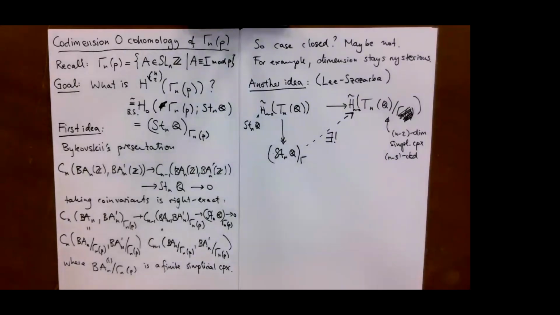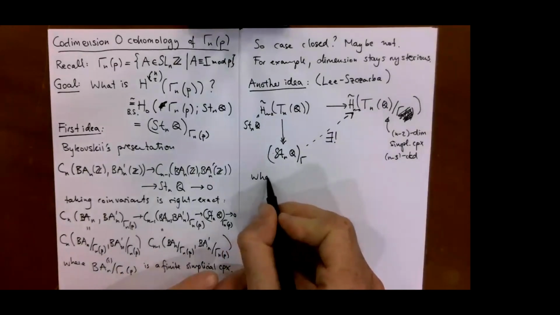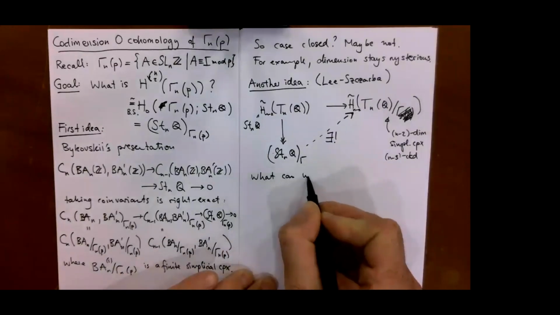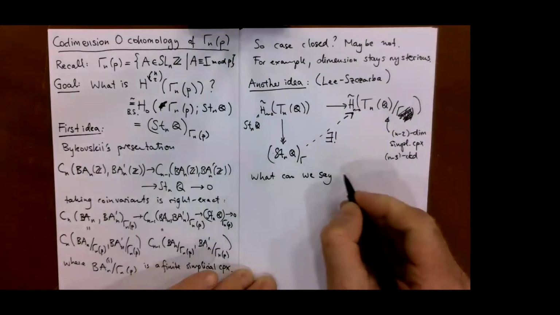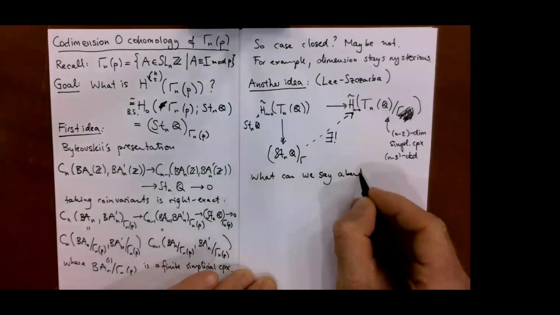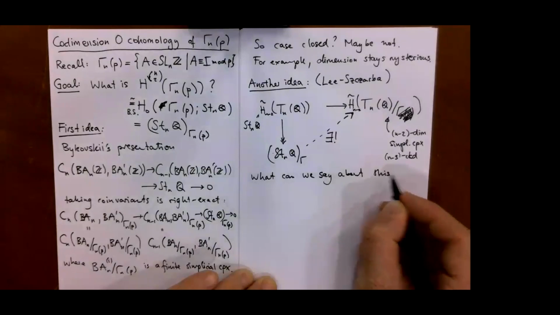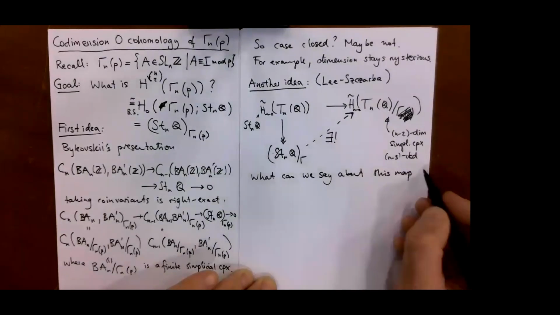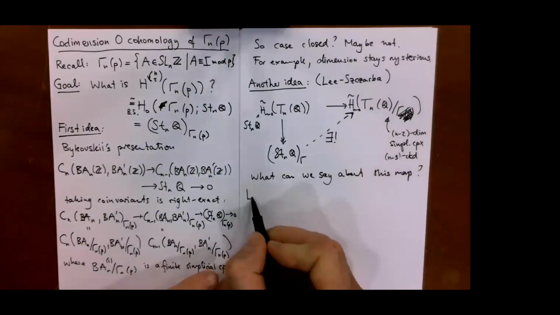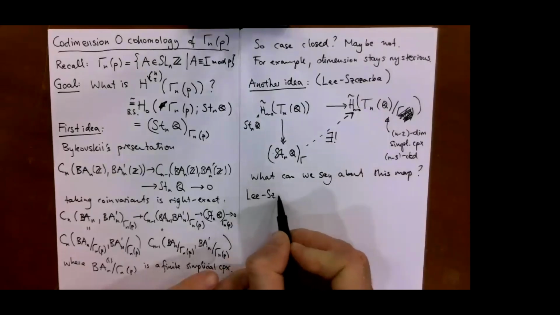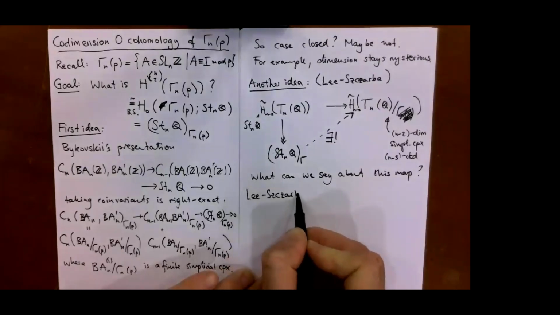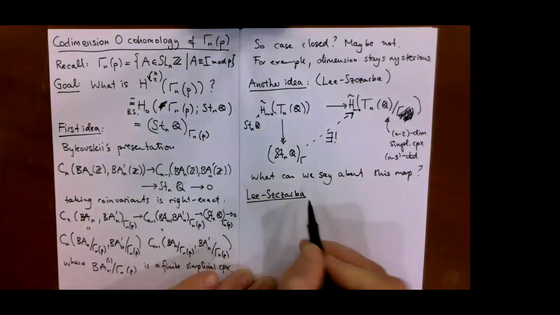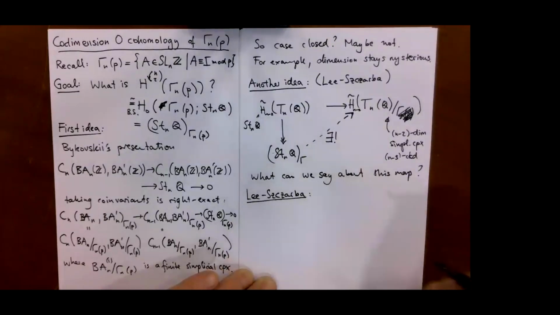Why do I bring this map up? Well, Lee and Schaber prove that for p equals 3, this map is an isomorphism.